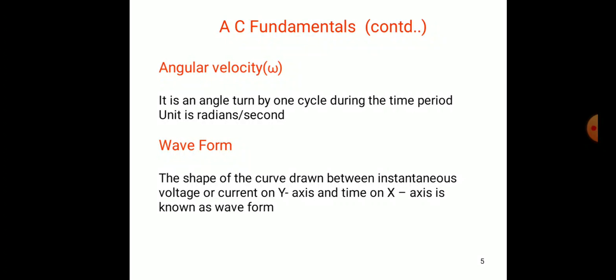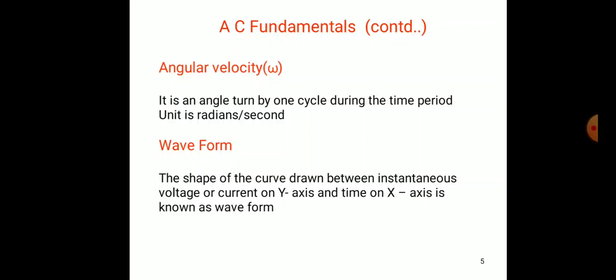Another heading is waveform. What is a waveform? The shape of the curve drawn between instantaneous voltage or current on the y-axis and time on the x-axis is known as a waveform.